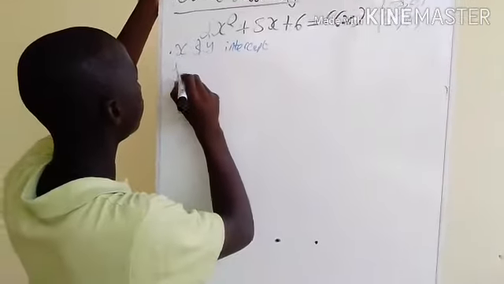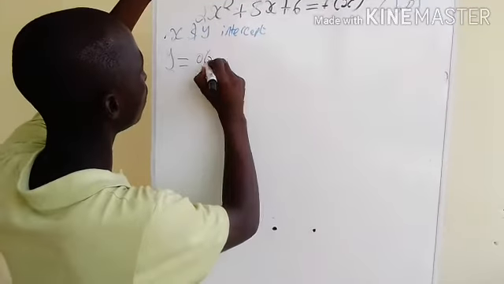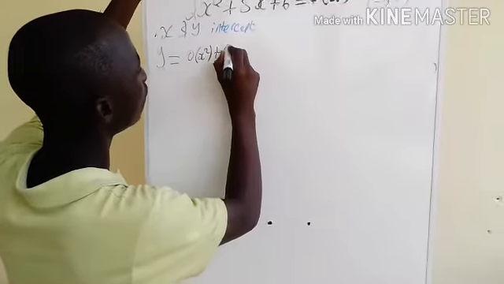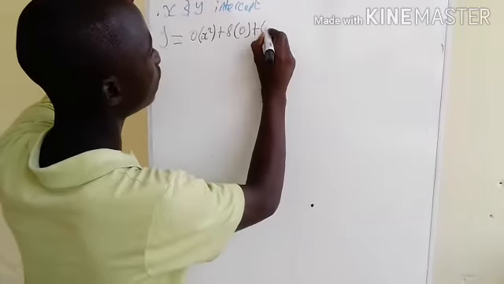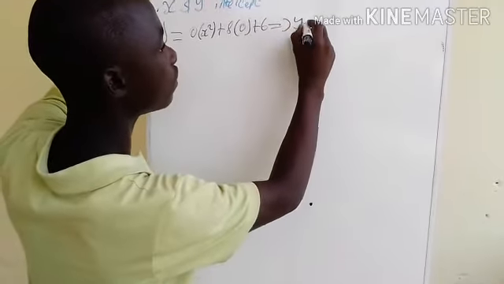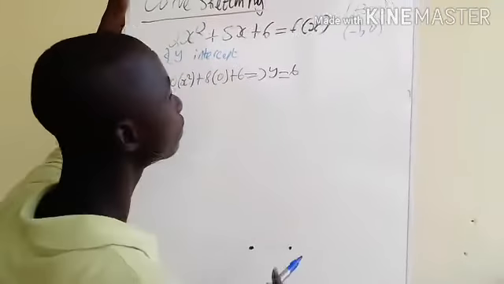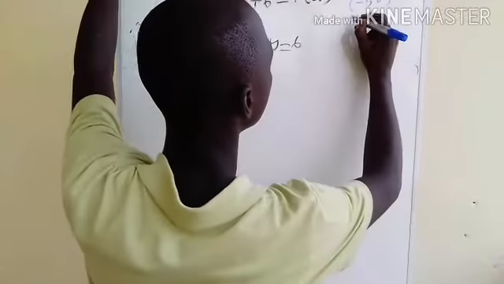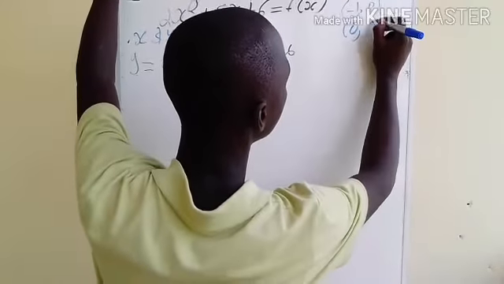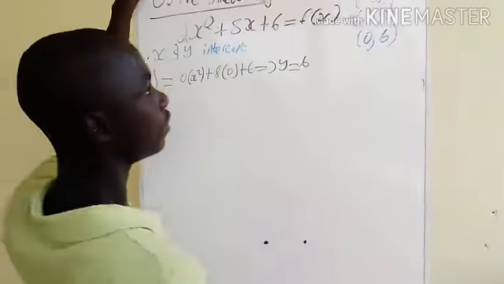In that case, y is going to be equal to 2 into 0 squared plus 8 into 0 plus 6. So this implies that y is equal to 6. That tells us that when x is 0, y is equal to 6. So here, the point is 0, 6.